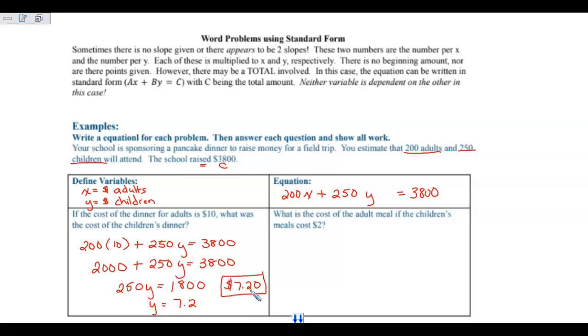Now they want to know what is the cost of the adult meal if the children's meal costs $2. So again, I'm going to replace the variable for the children's cost with 2 and then solve for the x. So I'm going to have 200x plus 250 times 2 equals 3,800. Now we're going to simplify. 250 times 2 is 500.